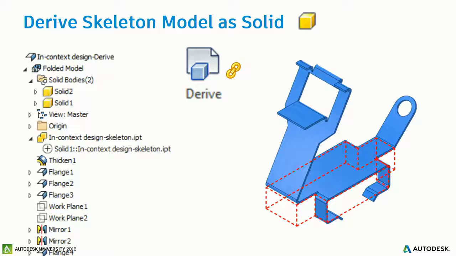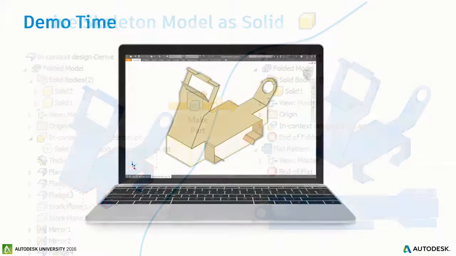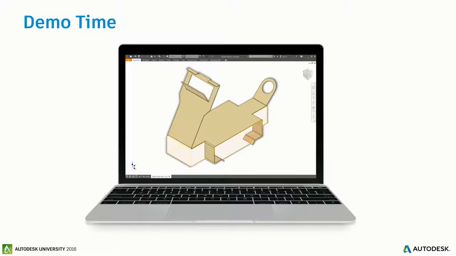But for this workflow, you need to make part to make this solid a single part, and then do flat pattern. Then this part will be associative with this part, so any changes from the skeleton model will go to this part and then to this part. So it's quite straightforward. Okay, so let's see how it works.